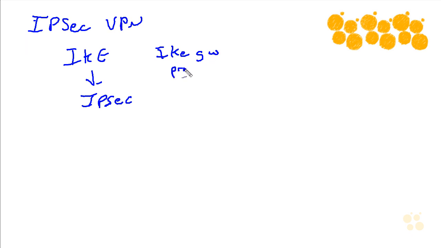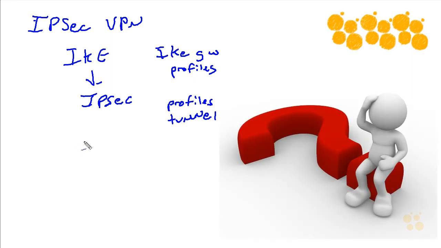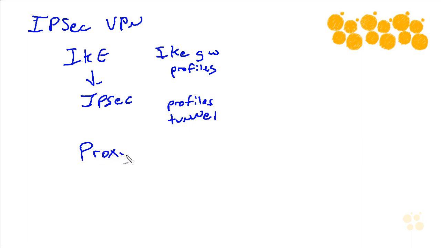We had proposals or profiles. We also had profiles here, and the tunnel interface itself. So kind of binding all that stuff together. And what was that most important thing that we talked about? Right, and again, one of those common errors, I guess, as well, would be the proxy IDs. So everything that we get to really has to match on both sides in order to create that secure communication. So that is that with VPNs.